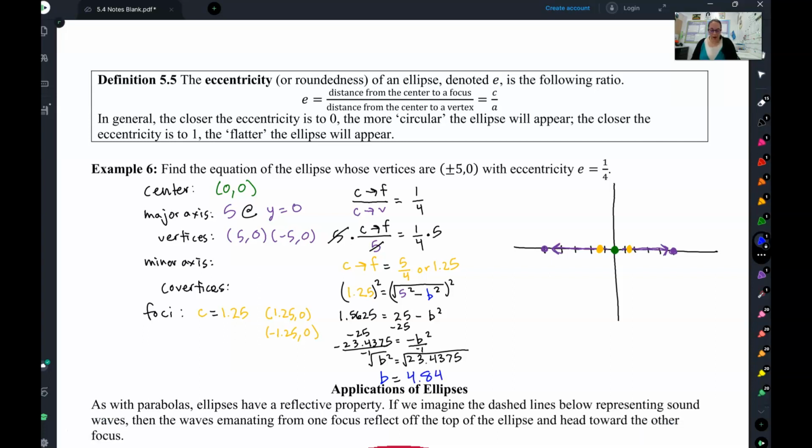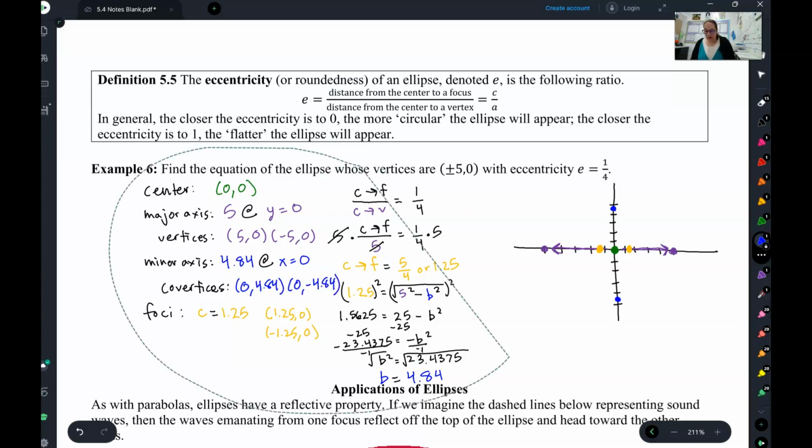So my minor axis is 4.84. There we go. So now that I know my minor axis is 4.84 at, looks like that's x equals 0. And now I know my co-vertices, 0, 4.84 and 0, negative 4.84.